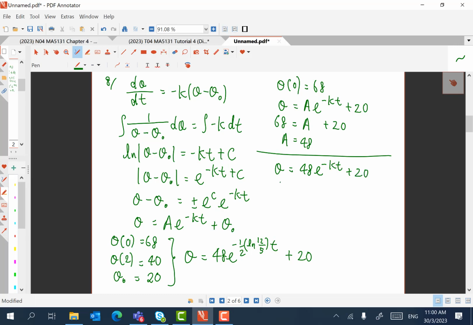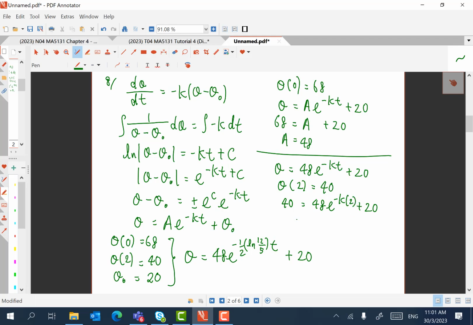Then use the second condition that theta at 2 hours is equal to 40. So put theta as 40, and t is 2.